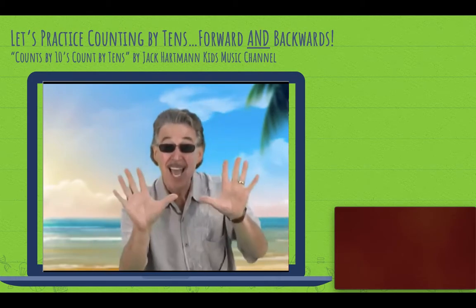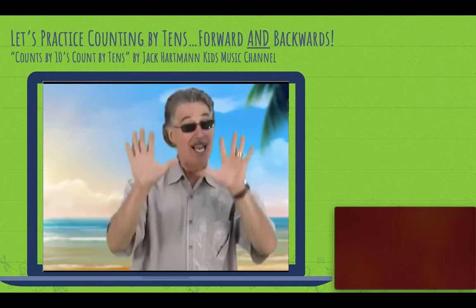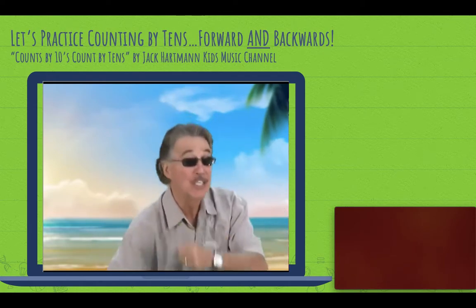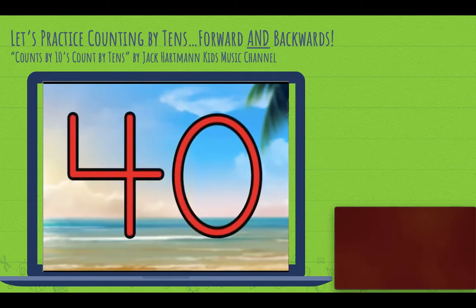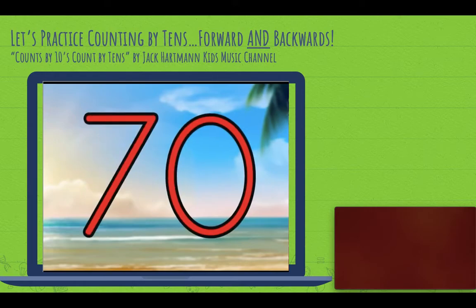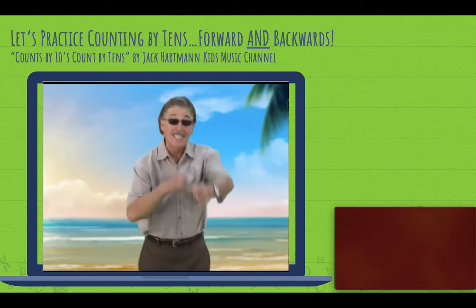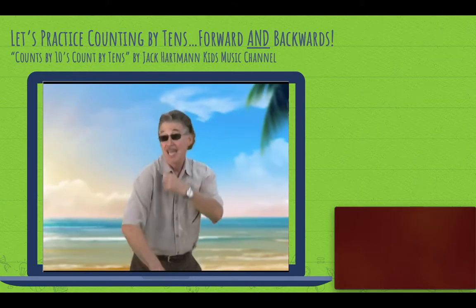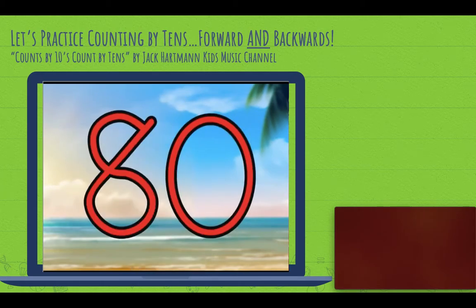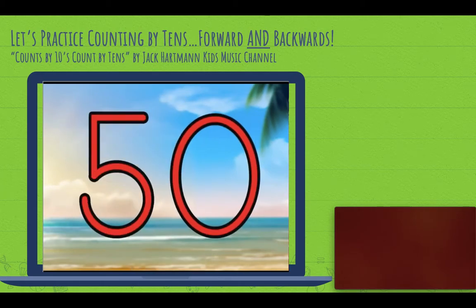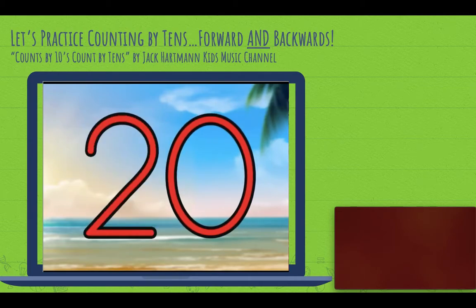As we count by tens, forward and back, just like that, counting forward, just like that. 10, 20, 30, 40, 50, 60, 70, 80, 90, 100. Take it back, hands roll backward and count back. 100, 90, 80, 70, 60, 50, 40, 30, 20, and 10.